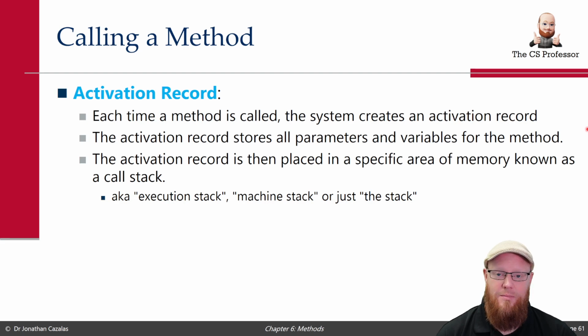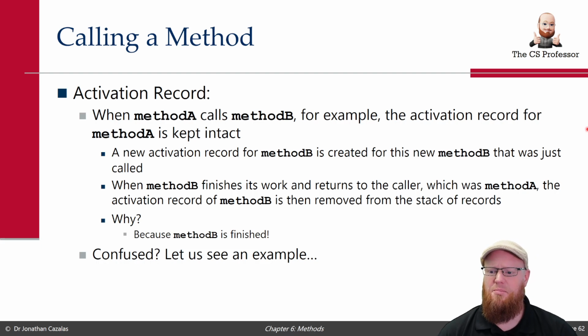And what is this stack memory? We literally visualize it as a vertical stack where more and more activation records are placed onto this stack. So as an example, when method main calls method A, and then method A calls method B, the activation record for method A is kept intact.